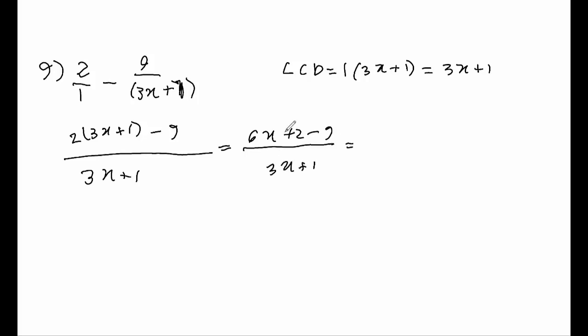And then we combine terms to get 6x minus 7 all over 3x plus 1. And we're finished because this is all we can do without killing kittens.